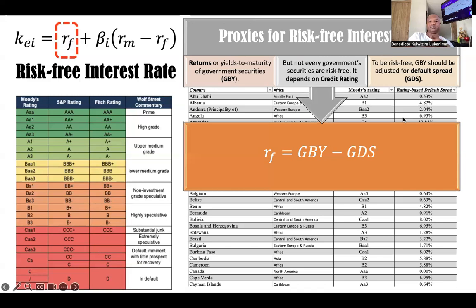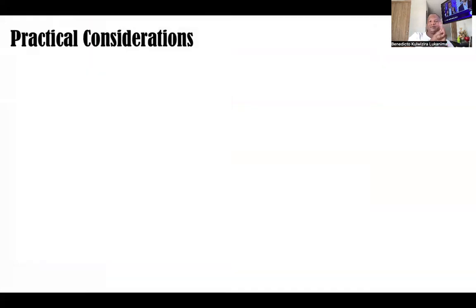So the risk-free rate, based on what I've just said, should be equal to government bond yield, GBY, minus government default spread. So that will depend on what is the default spread of the government, depending on its rating.